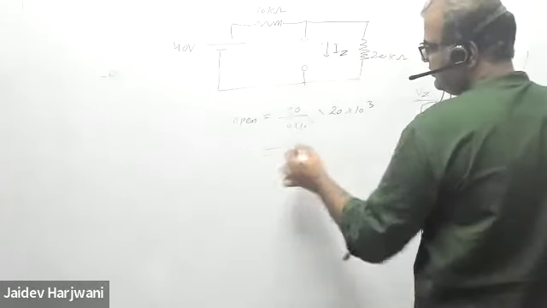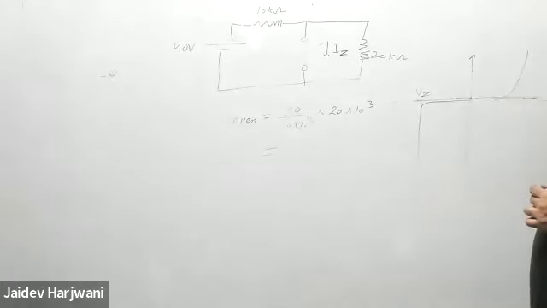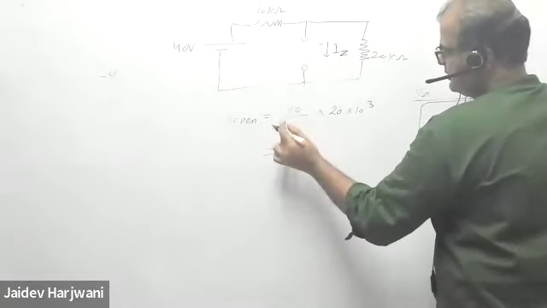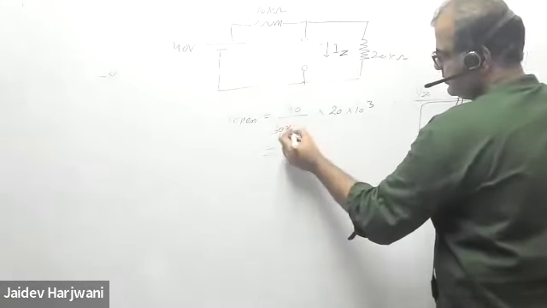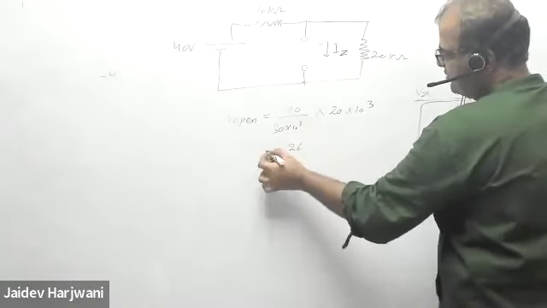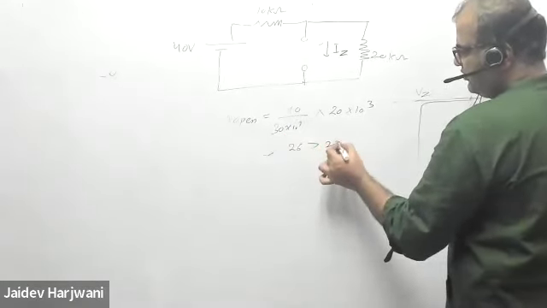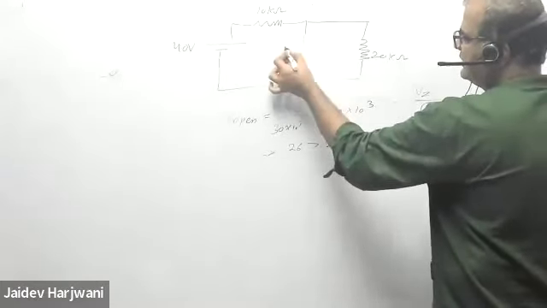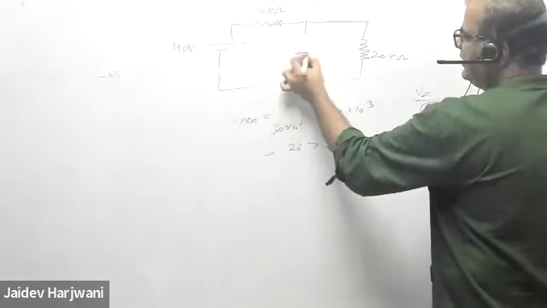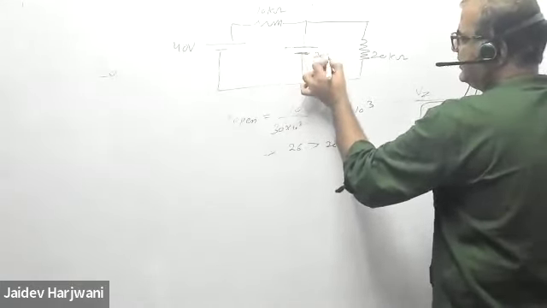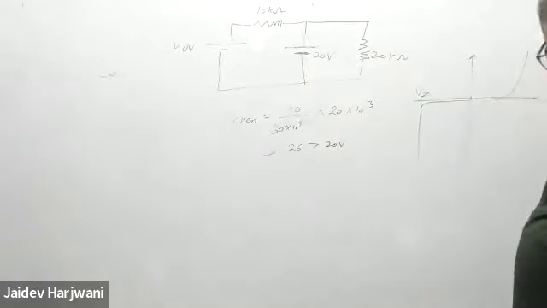Tell me the value. 26 point something, 26.6 something. So obviously it is greater than 20 volt. That means the zener is on, and once the zener is on, I can replace this zener by a 20 volt battery.